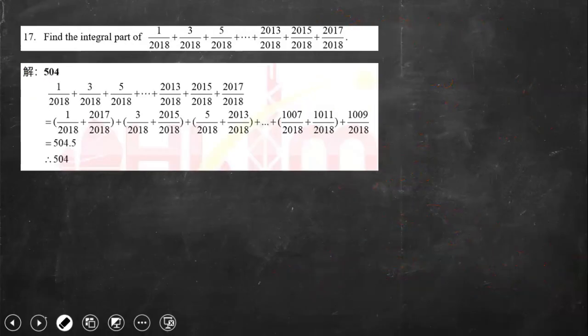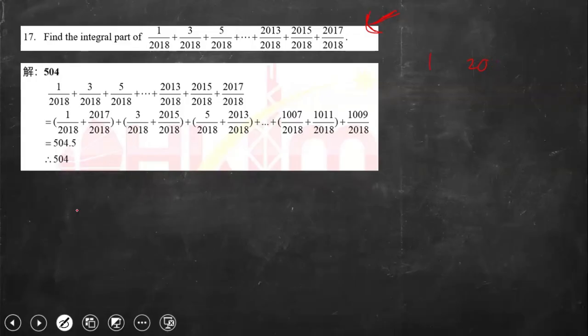Number 17. Find the integral part of this very long expression. So how? Okay, in the solution, it added 2017.